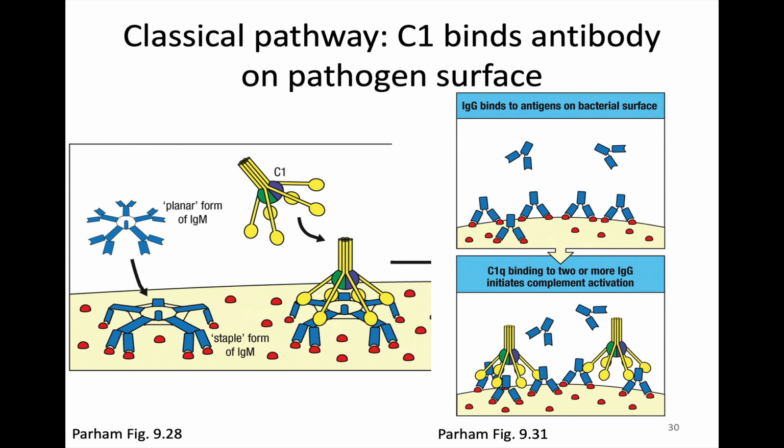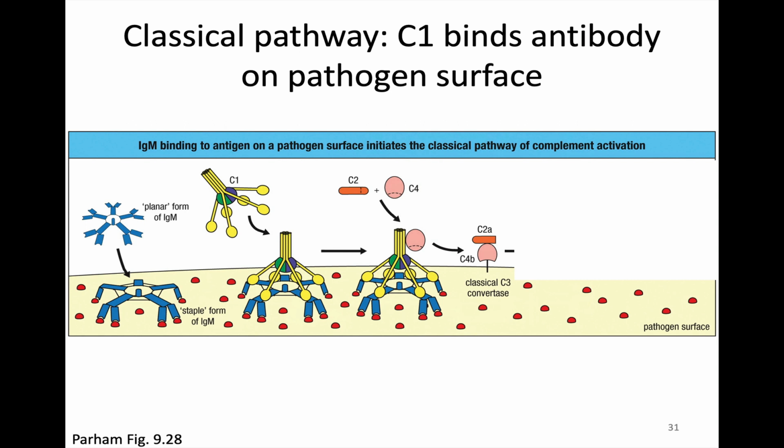So now C1 is a protease. And it turns out we learn with the classical pathway that immunologists don't know how to count. Because here you can see C1 binding to those antibodies, and C1 is going to cut first C4 and then C2.